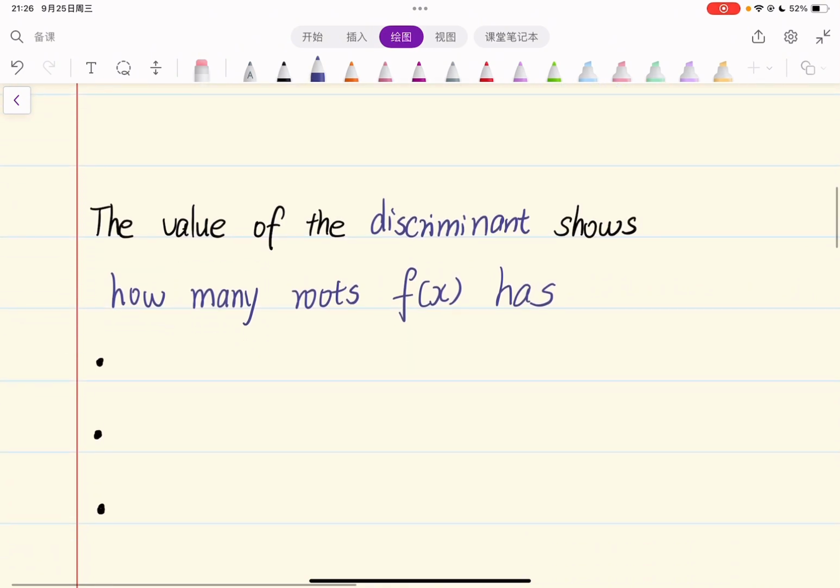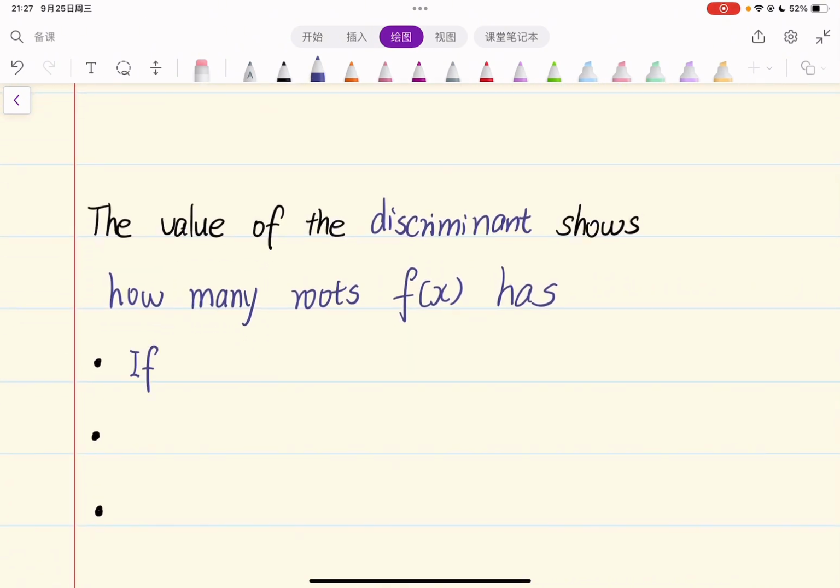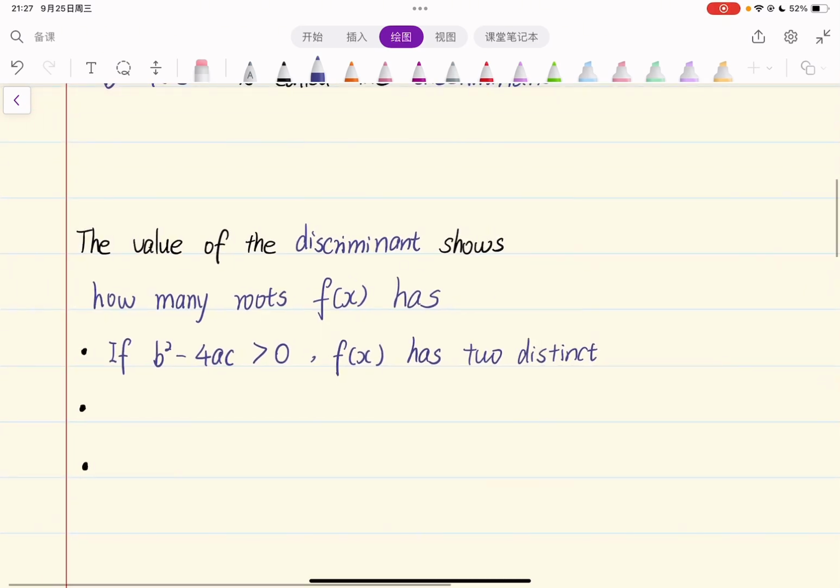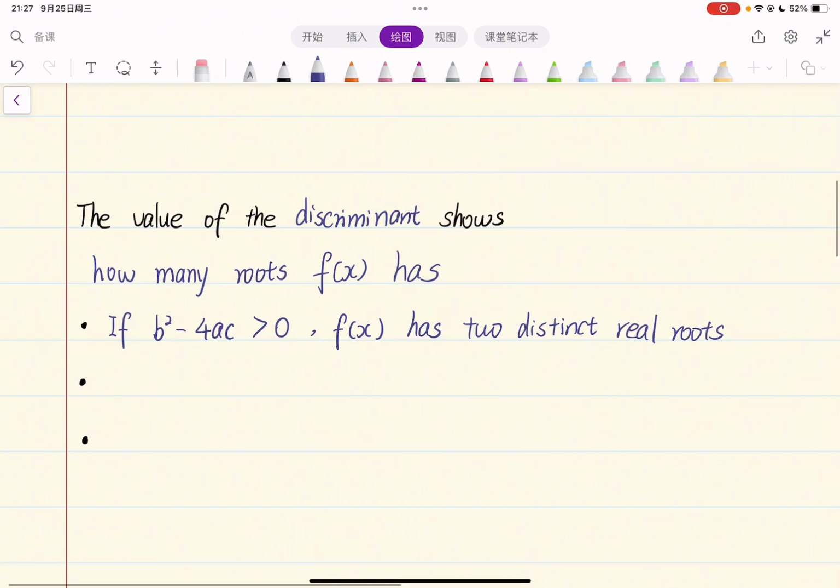Then let us see, if b squared minus 4ac is greater than 0, f(x) has two distinct real roots. If b squared minus 4ac equals 0, what has happened?